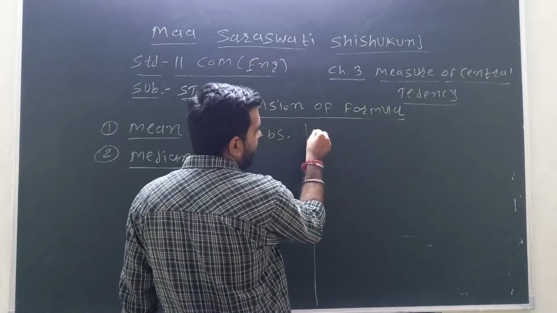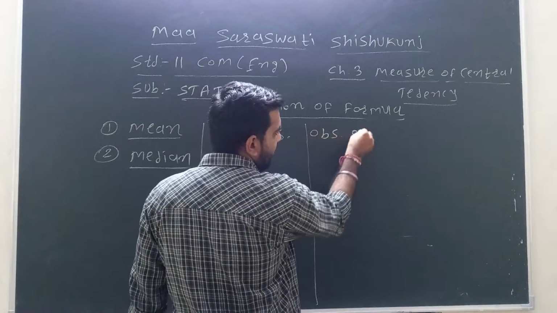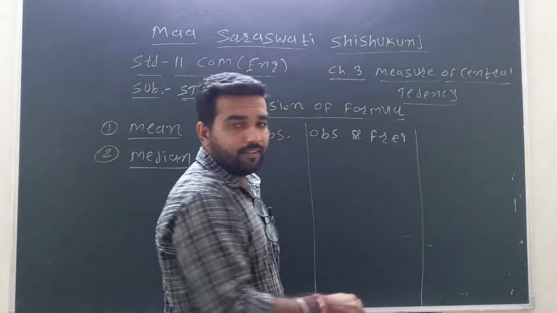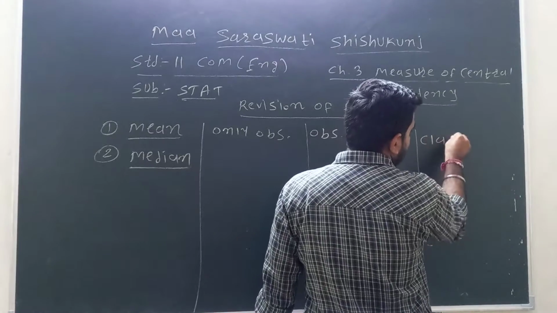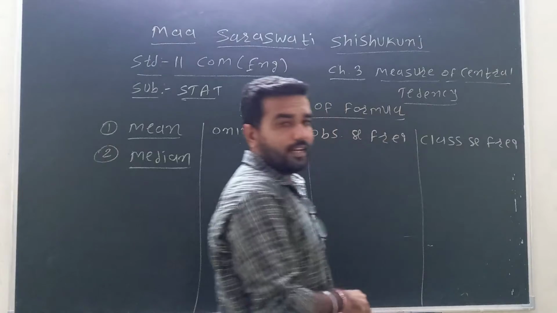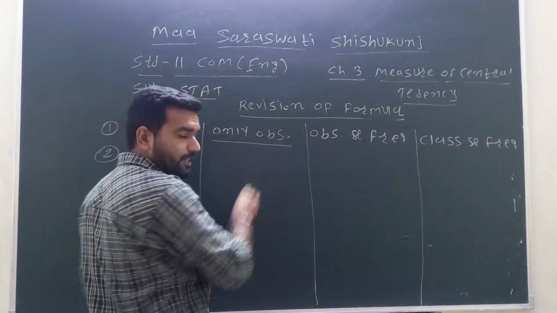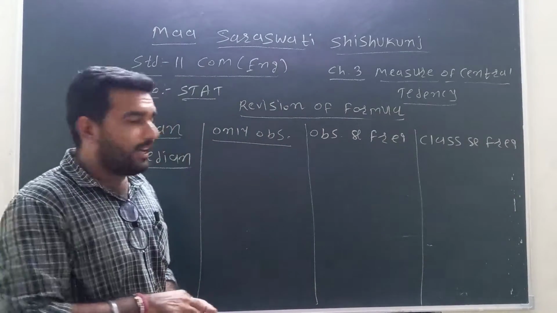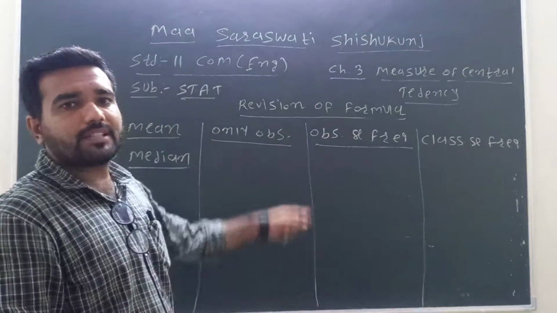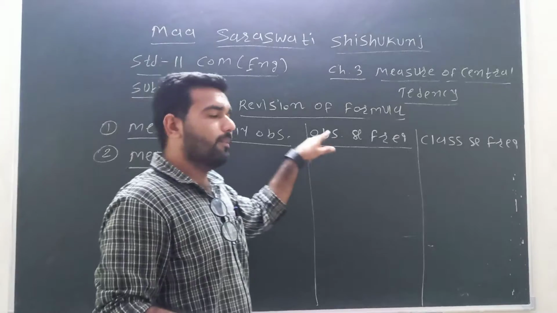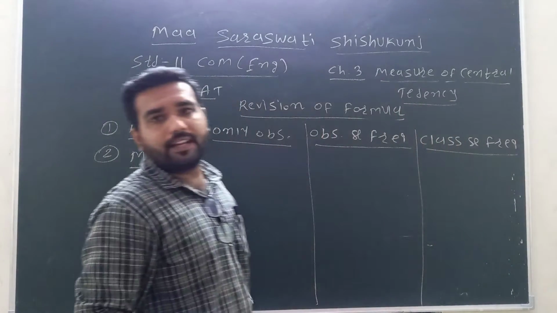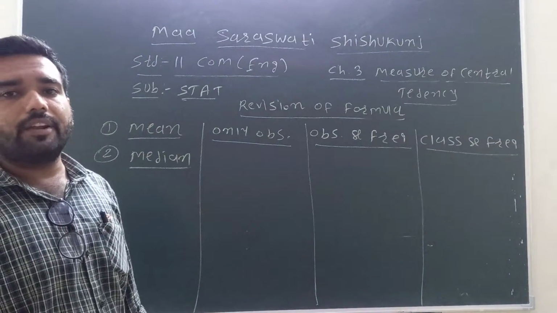Next, when observations xi and frequencies fi are given. And third, when class and frequency are given. Only observations means raw data. Observation and frequency means grouped data, in that the discrete variable. And class and frequency is a continuous frequency distribution.